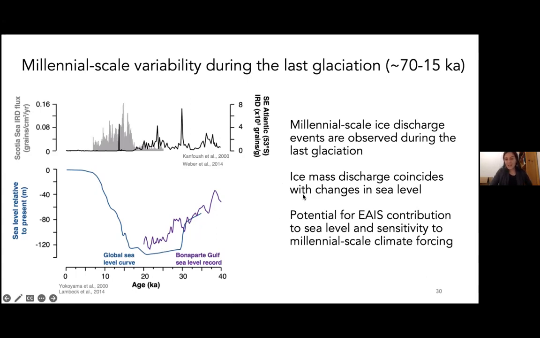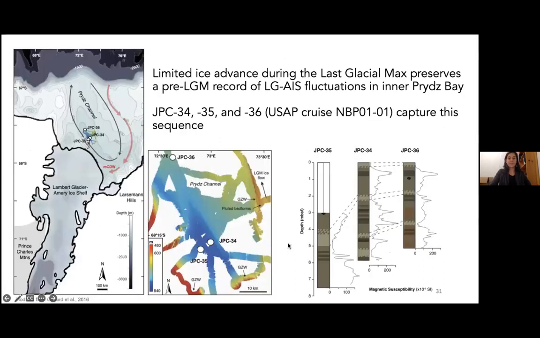And so what this tells us is that there's this millennial scale ice discharge, and this ice discharge coincides with changes in sea level, and this presents us with potential for East Antarctic Ice Sheet contribution to sea level, and it shows that there's a potential sensitivity of East Antarctica to millennial scale forcing. Again, you can't tell the source regions from this data alone. You have to go to an ice-proximal site, which is what we'll be doing.